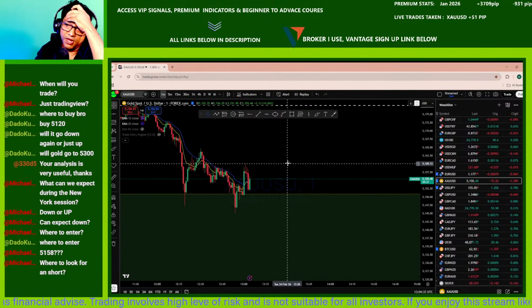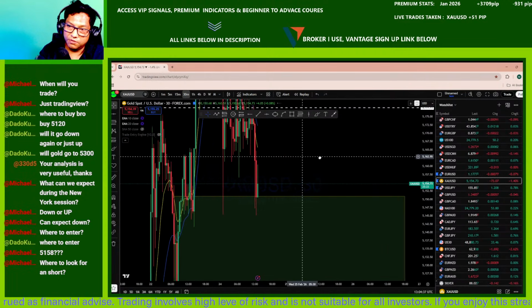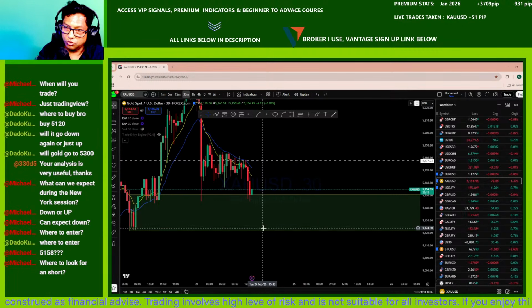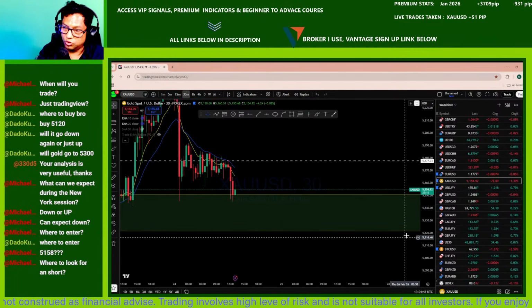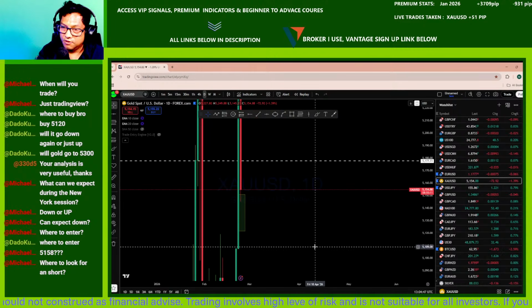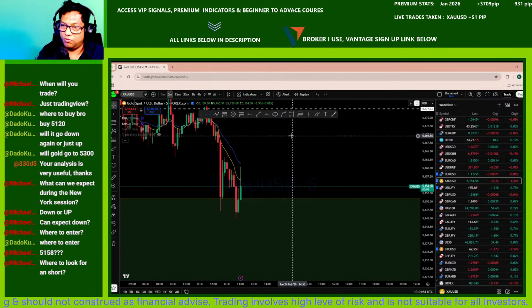Now the market may go in both directions here. It may go up further or it may come down. If it comes down here, we might see the price entirely drop down to this daily low. So daily support is here, the previous daily.